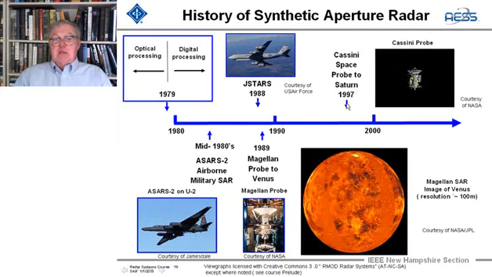Now, remember this was in '89 that this went out. In '97, another fantastic probe, Cassini, went to Saturn, and it took SAR images of Titan, the largest moon of Saturn, and we're going to see some of them later.